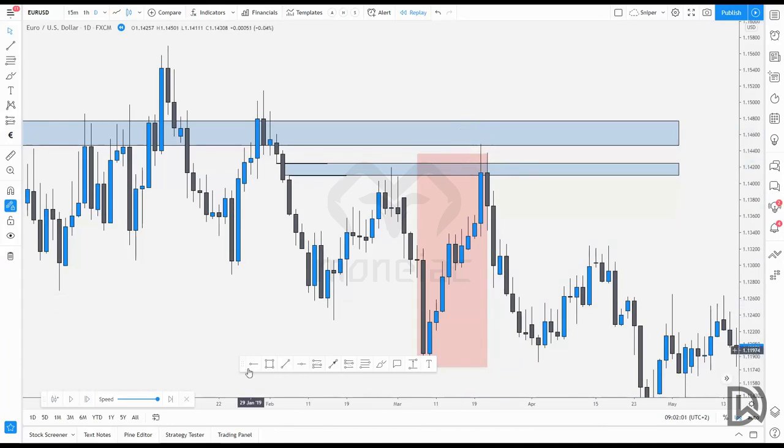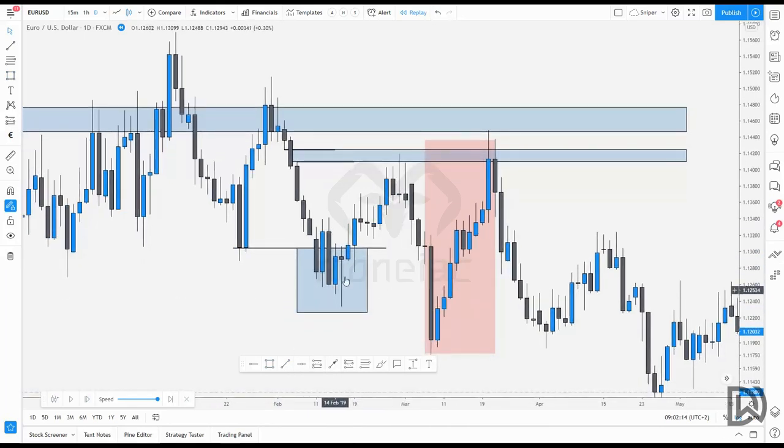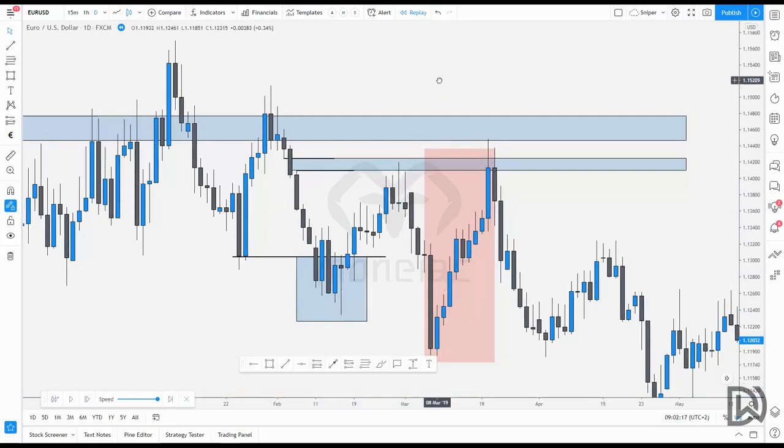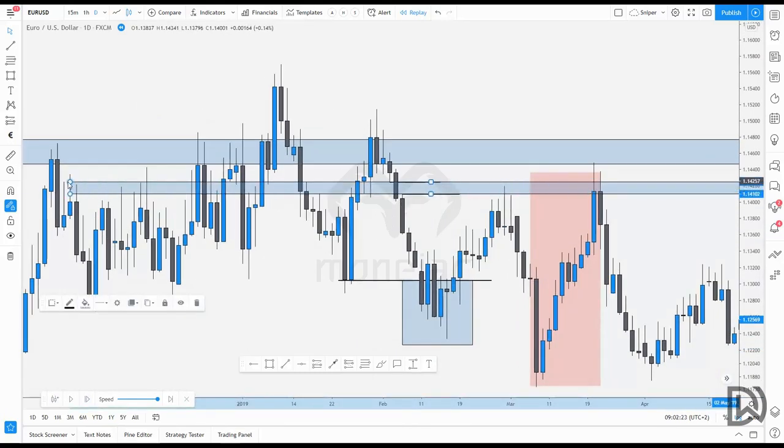Here on the daily, remember we're on the daily, we had a clean low. The low was taken out. So we had this low, the low was taken out, we had this push, and then price pushed up into this imbalance, which is also for me a wick zone.